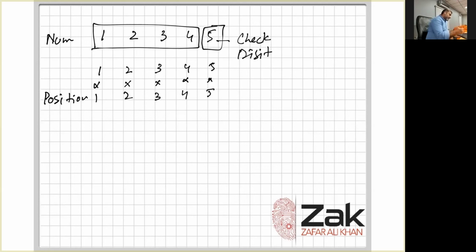So let's see. So this is 1, this is 4, this is 9, this is 16, and this is 25. Let's add them all together.